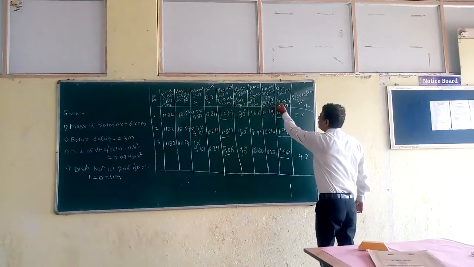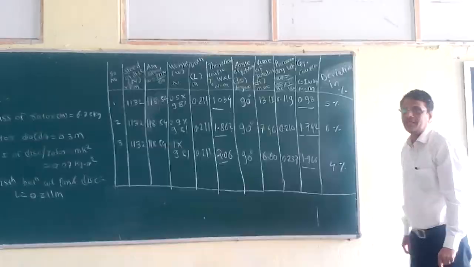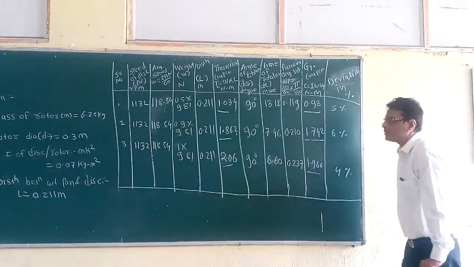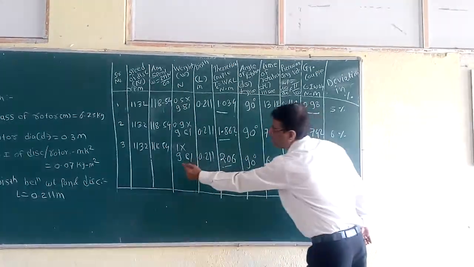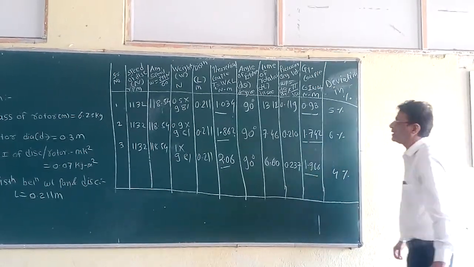So multiplication of I into omega p is coming as 0.98 Newton meter. For second observation, this value is 1.742 Newton meter, and for third observation the value is 1.966 Newton meter.